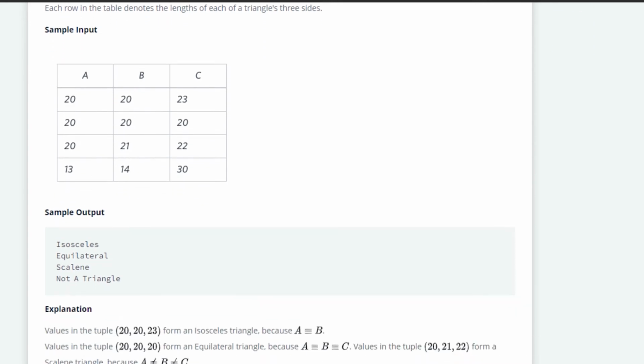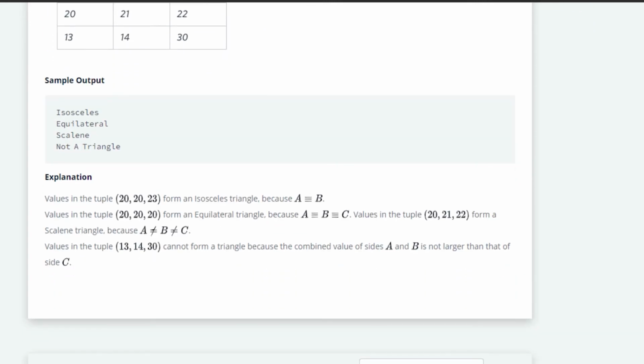Sample input, sample output: Isosceles, Equilateral, Scalene, Not A Triangle.